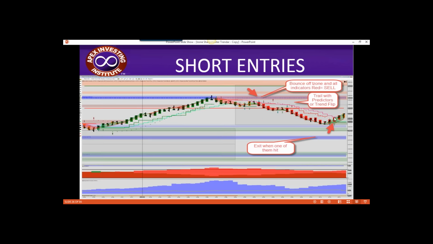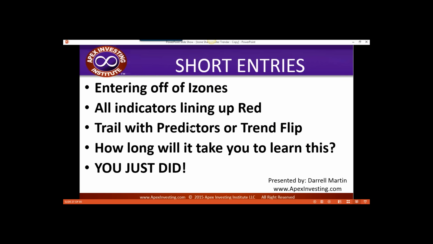When the market went 3 ticks above that, we got out. Okay, that's what we're using these triangles for. Okay, so short entries: we're entering off I zones, waiting for all the indicators to line up red, and we're trailing with the predictors or the trend flip. Again, that's a short entry.